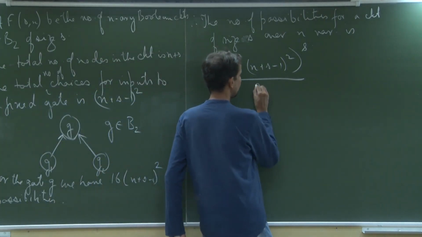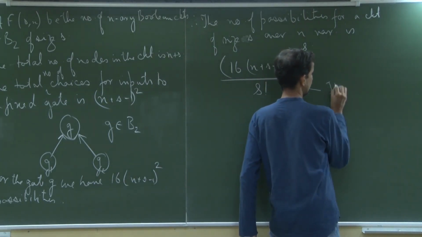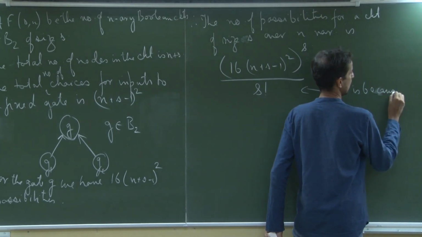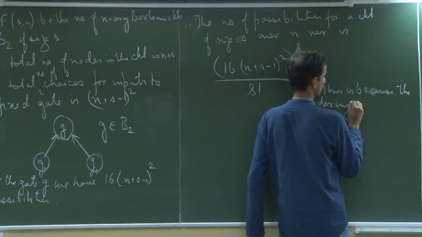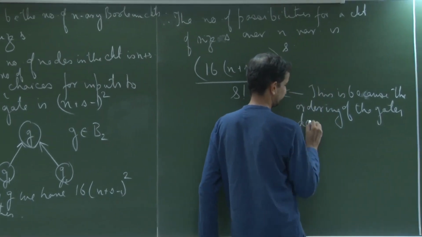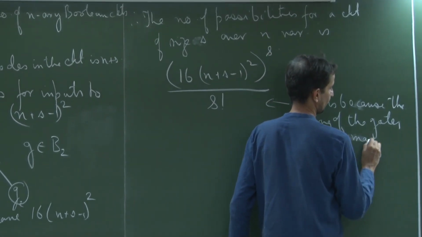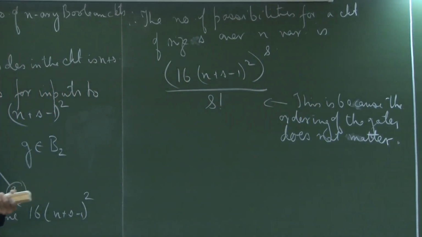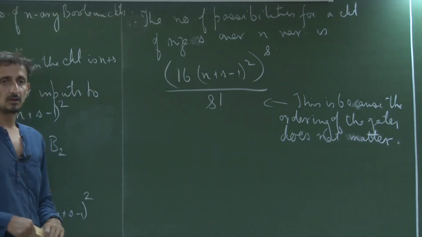So, I will divide it by s factorial, because the ordering of the gates does not matter. Whatever order I write the gates in, I am looking at the same circuit. So, this is the total number of possibilities for F_S(n).